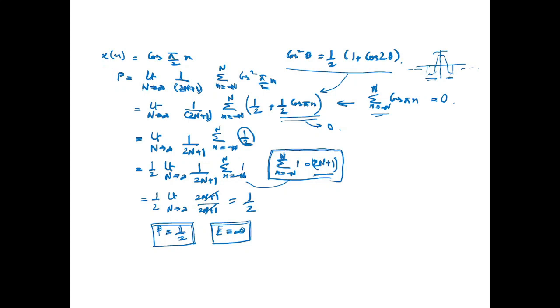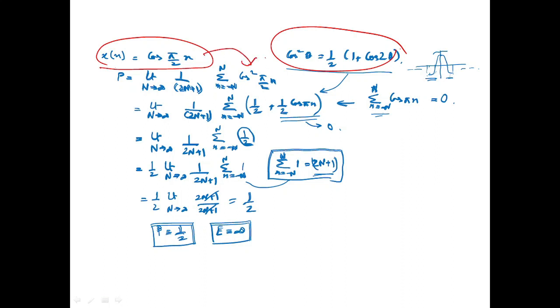Then again, the next one is x[n] equals cos of 2 pi by 2 n. Herein this formula has been used: cos squared theta is equal to half of 1 plus cos 2 theta. If you put the values over here, you get this thing, and then you use this series, like we have already discussed, N plus 1 over 2N plus 1, and then you can find the power and the energy of the signal.